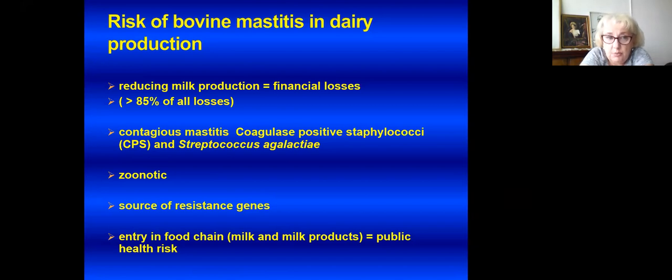They could also spread resistance genes to other animals and disperse into the environment. And during lactation, they enter the food chain, milk and milk products, and it could be a public health risk.